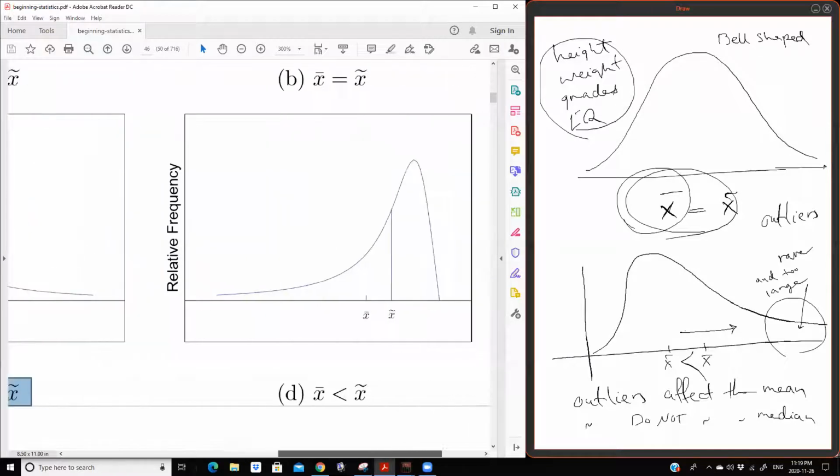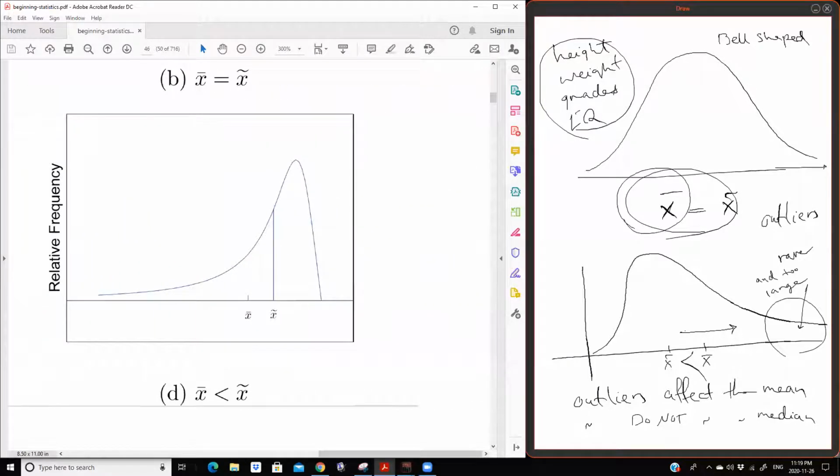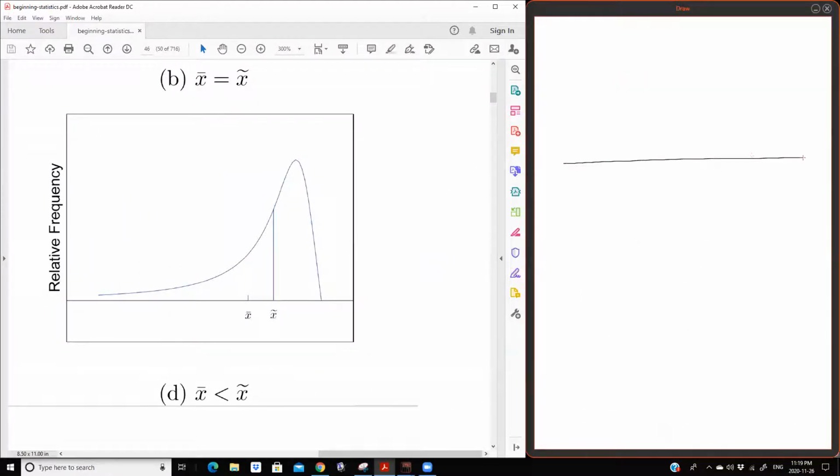However, you can also have outliers on the left. You can have a situation like this. In this case, here you have data that is rare and too small. That's because this is the x-axis, right? Here you have the big values, and here you have the small values.